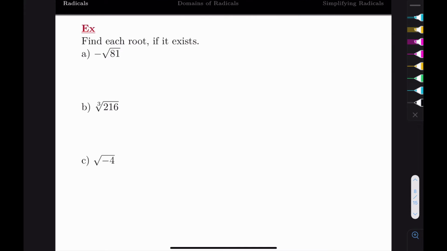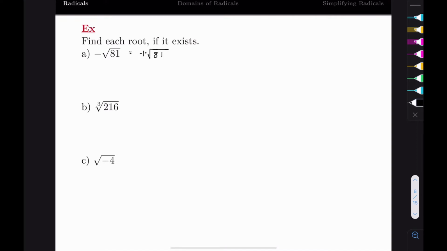So let's just try some examples. Let's keep working with these. We want to find each root if it exists. So for this first one, we have a minus sign on the outside, so that's no issue. And we want to take the square root of negative 81. So remember, you want to do things inside. Not really parentheses here, but you're going to see that these relate to exponents.